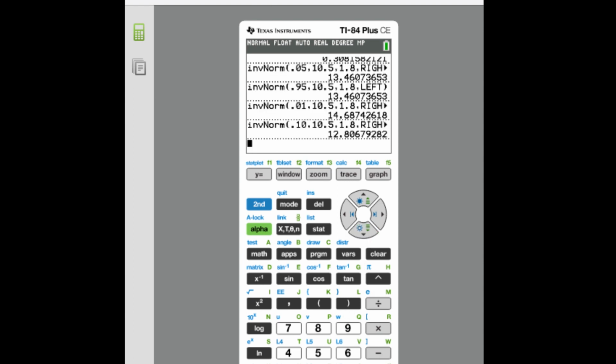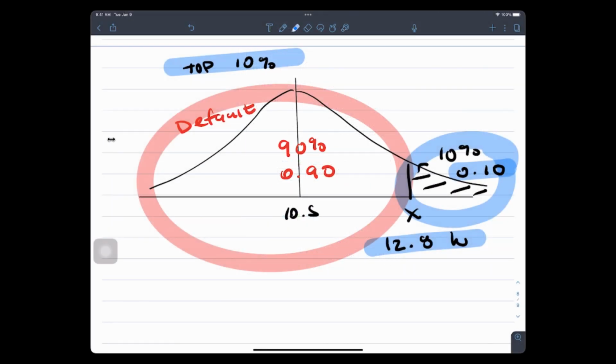Let's paste that in. What do you end up with? Isn't that 12.8 hours? Is that true? 12.8 hours?